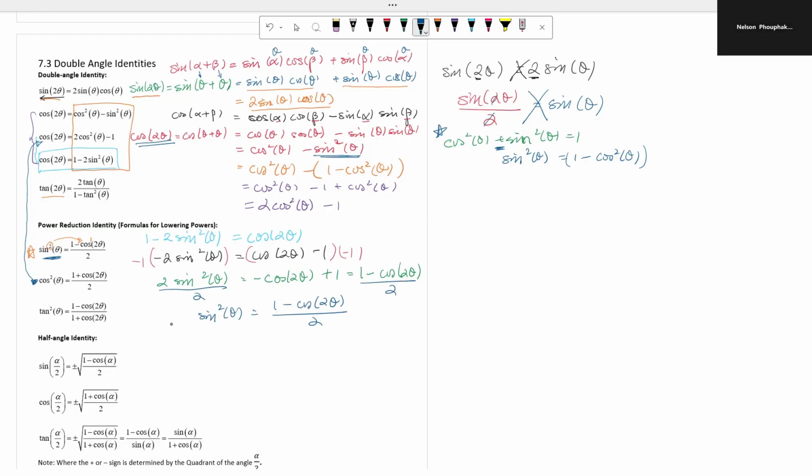And now tangent square theta is basically sine square theta over cosine square theta. So I have this one over this, and you see that the 2 and 2 cancel. Then of course I get 1 minus cosine 2 theta over 1 plus cosine 2 theta.